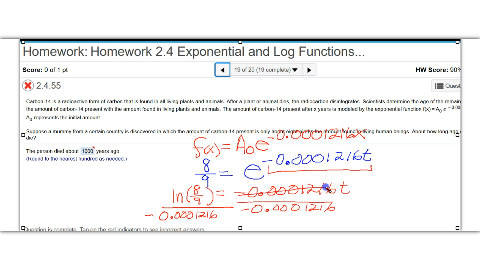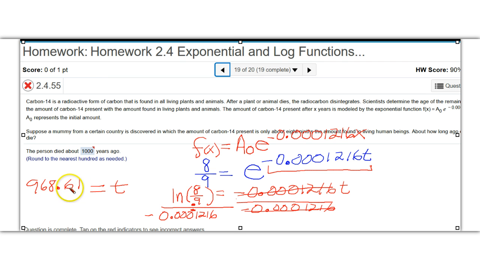So on this side, these just cancel out, and this becomes T. And then I put this into my calculator carefully: natural log, a parenthesis comes up, I put in the fraction 8 divided by 9, close parenthesis, then hit the division symbol, and then I have to use on my calculator that special negative value, negative, and I put this into the formula, and then out of it I get 968.61.